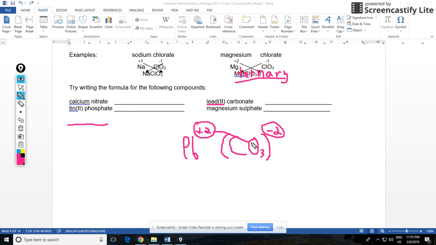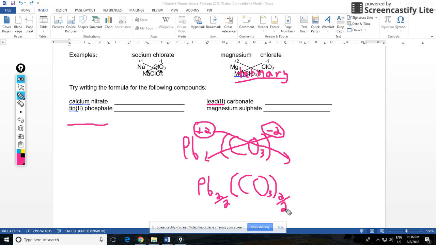So crisscross outside the bracket, and we get Pb2(CO3)2. Because this is still considered an ionic compound, since it's an attraction between opposite charges, the positive lead and the negative carbonate, you still have to do reduction. Divide by 2, divide by 2.